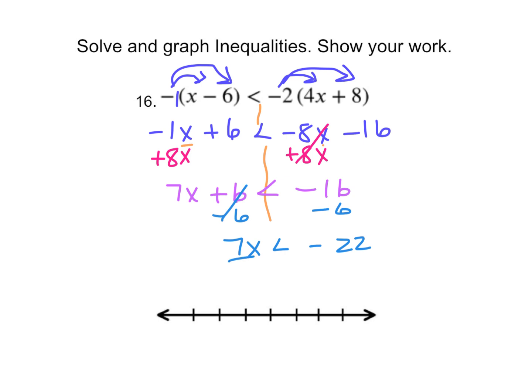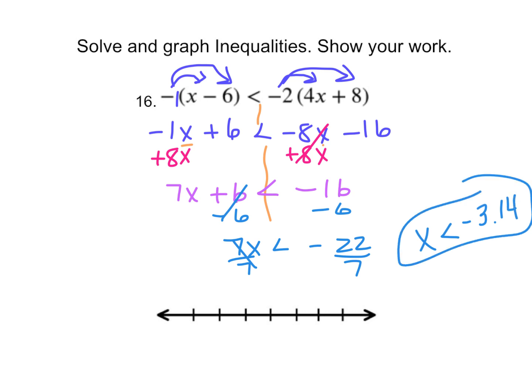And our final step is to divide both sides by 7. And I do not reverse the inequality because I did not divide by a negative. But I do get like negative 3.14. It doesn't come out perfect, but we can just round it.